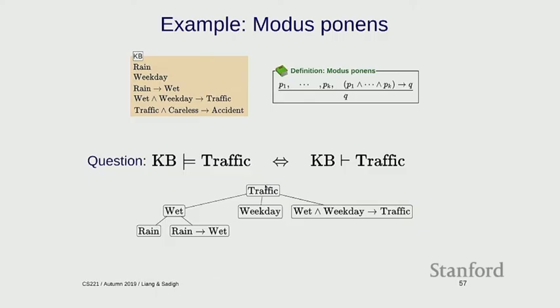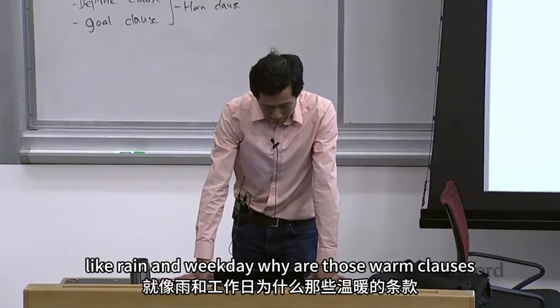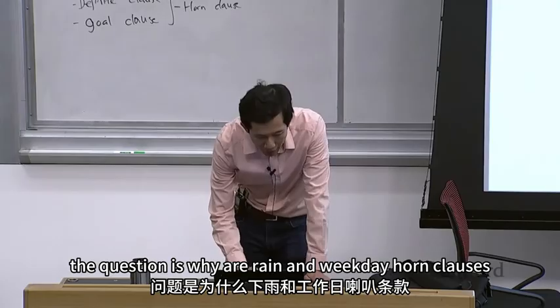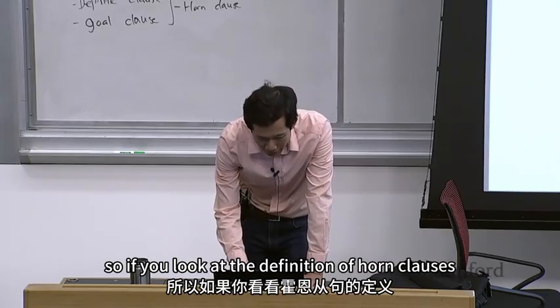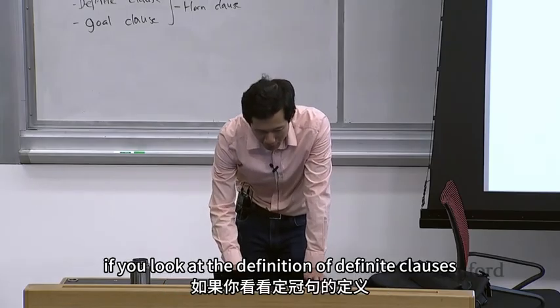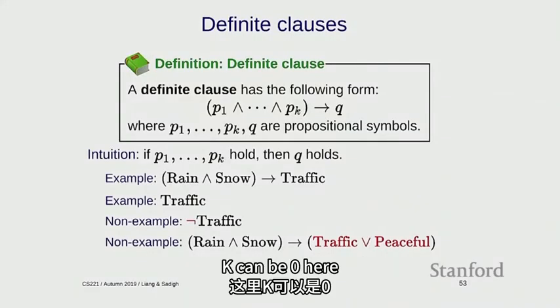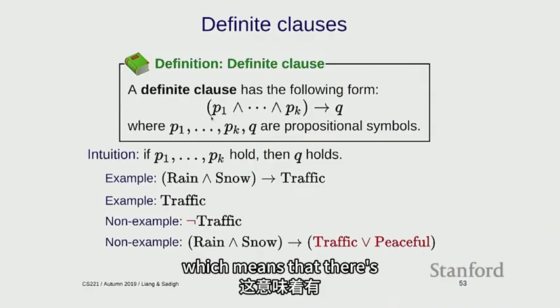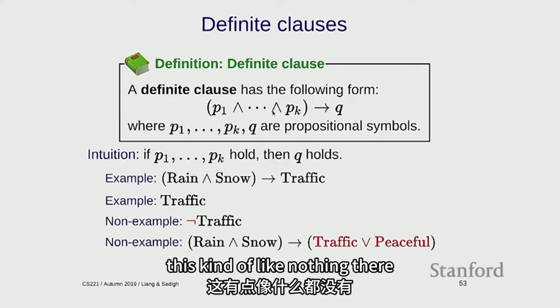Yeah? Like rain and weekday, why are those Horn clauses? The question is, why are rain and weekday Horn clauses? If you look at the definition of Horn clauses, they're definite clauses. If you look at the definition of definite clauses, they look like this, and k can be 0 here, which means there's nothing there.